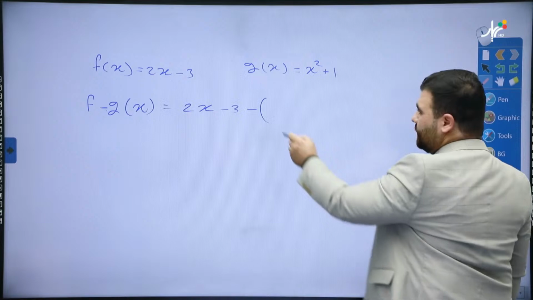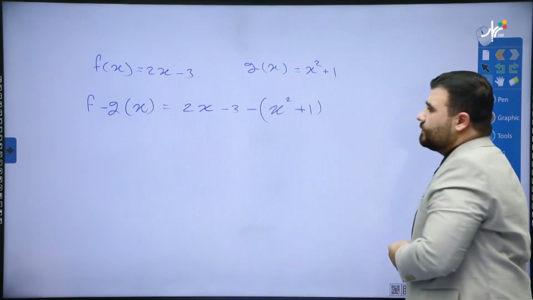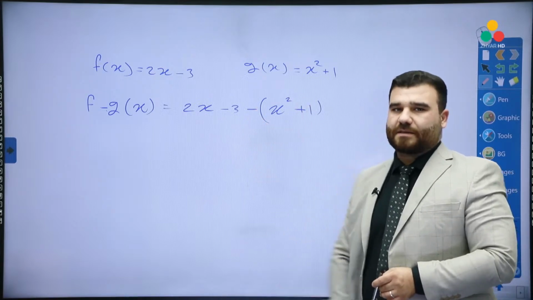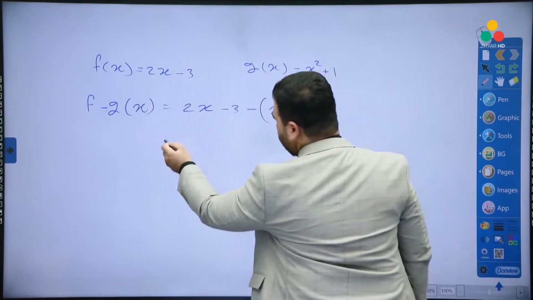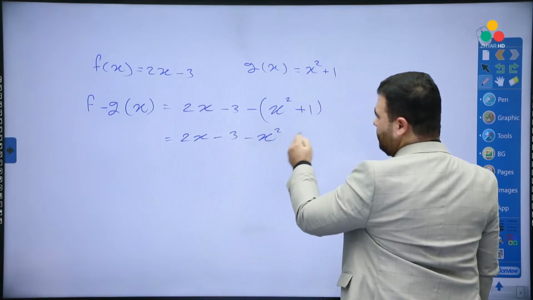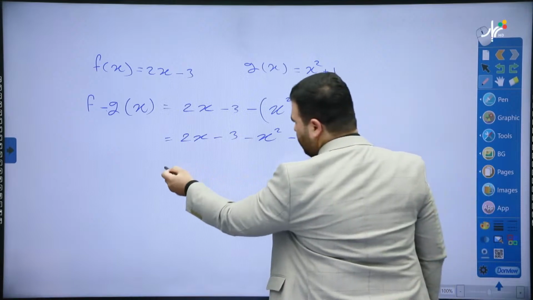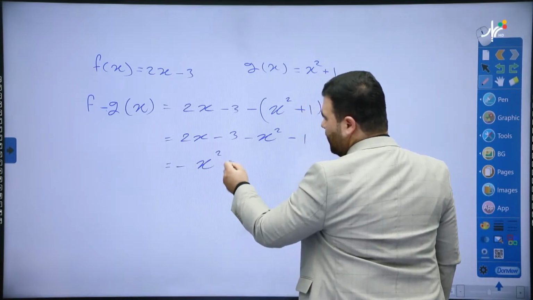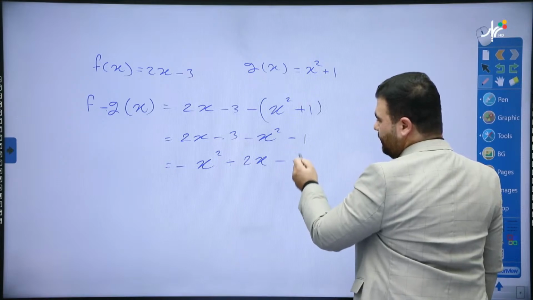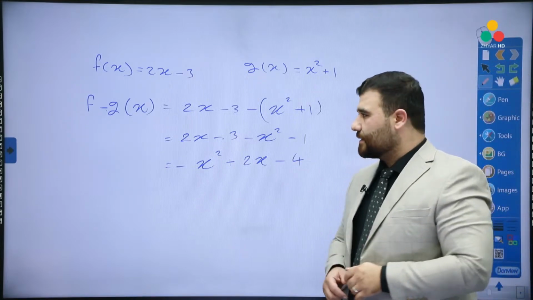It's better always to put brackets: x squared plus 1. Now, to simplify this, multiply this negative by everything inside the bracket. It will be 2x minus 3 minus x squared minus 1. Again, x squared is alone. It will be negative x squared plus 2x, negative 3 negative 1 is negative 4. So this is the result of (f minus g)(x).